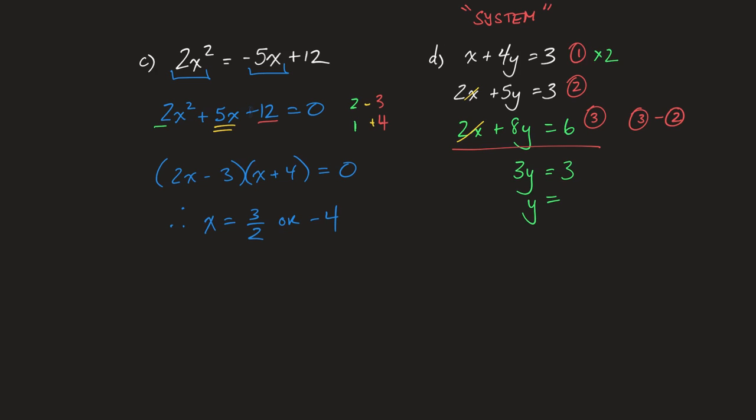Now, when I go through and solve for y, I get a y value of 1. I can now sub my y value of 1 back into one of my originals. We are probably going back into equation 1 because it's a little simpler. When I do that, I now get x plus 4 times 1, which is 4.